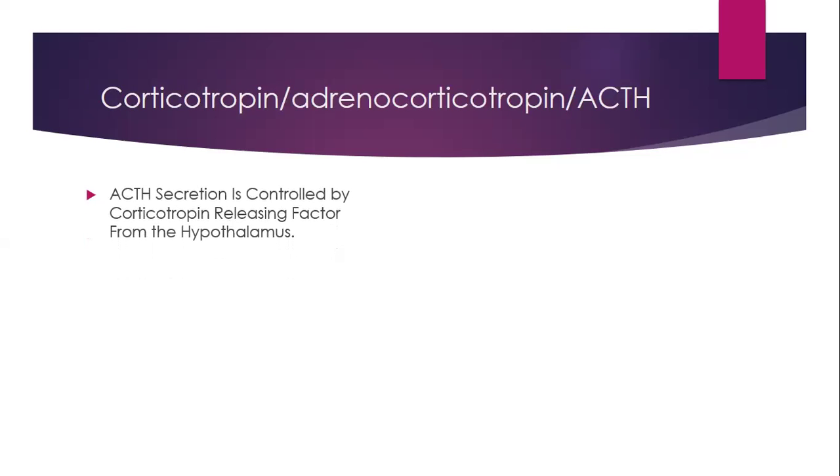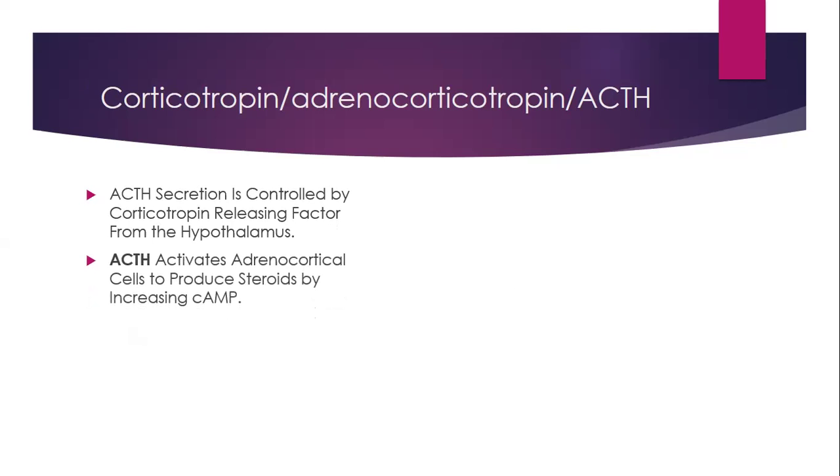Now we go to this hormone called corticotropin, or adrenocorticotropin, or ACTH. Now, this hormone is very, very interesting. Number one, it is usually released from the anterior pituitary gland under the influence of CRF, corticotropin releasing factor.